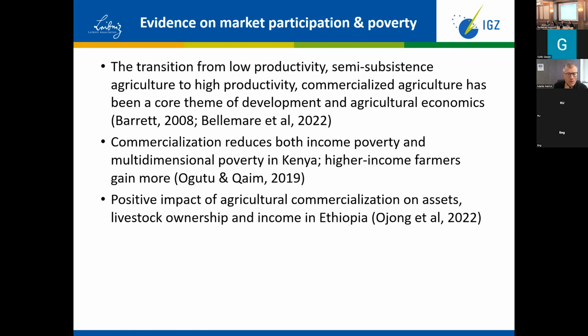However, there is concern about inequality. Those who have higher possibilities to do large-scale farming gain more. And at household level, it also improves their ownership of assets, livestock ownership, etc., in studies mostly coming from Africa.